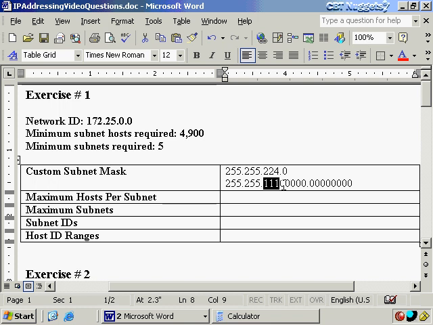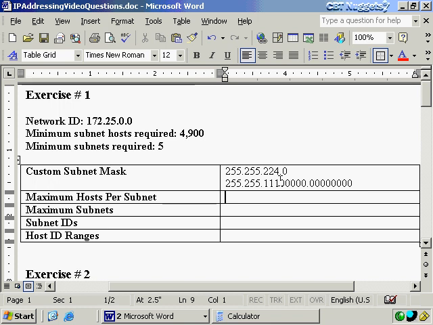Now, although I know I'm meeting at least my minimum requirements for the number of hosts and subnets, how do I know exactly how many hosts I could get per subnet? What if we had growth and we went past 4,900? How many could I put on that network? 7,000? 10,000? Well, we still go to the number of host IDs.